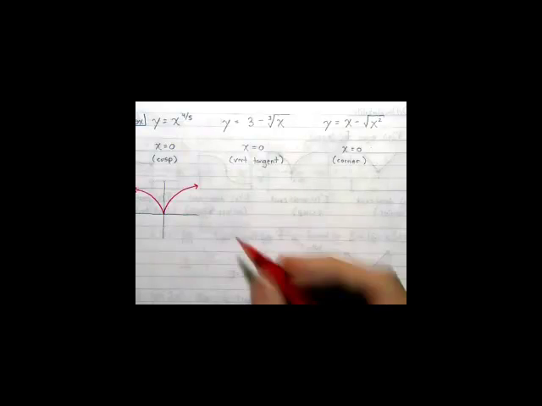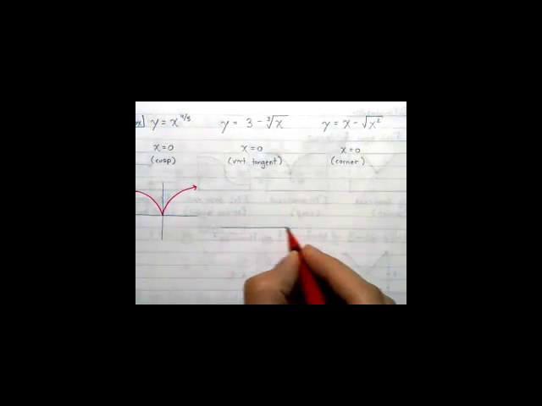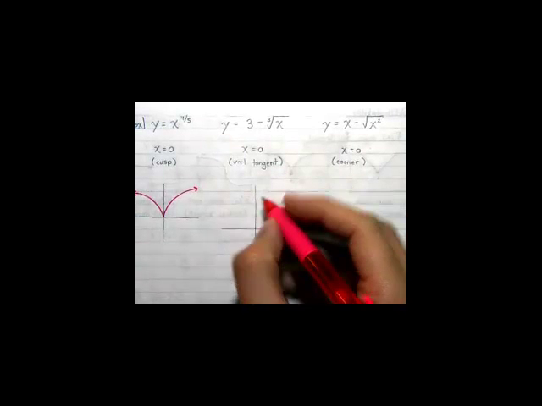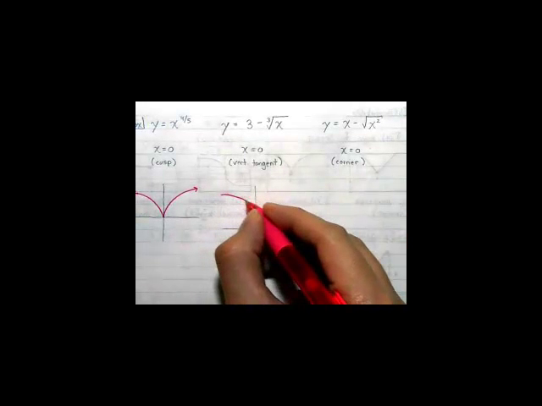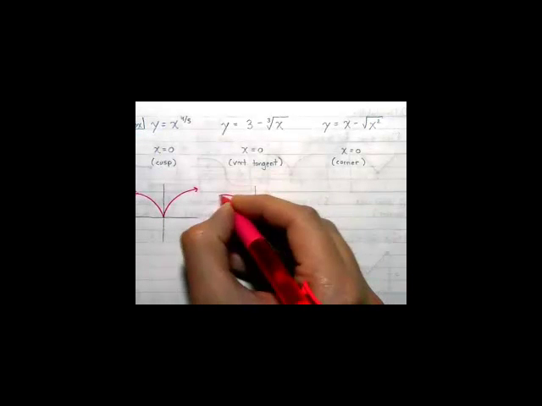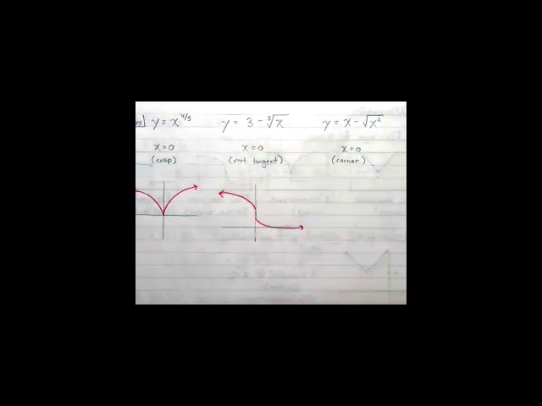The second one has been moved up a bit, but that does have a vertical tangent. Let me make sure I got this one right. Yeah, okay, so this one does this type of a thing. So again, at 0, it's got that vertical tangent going on there.